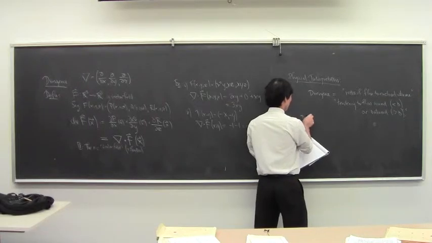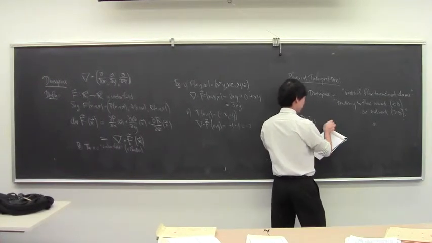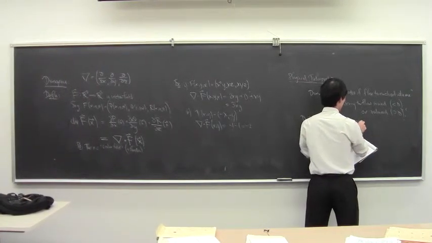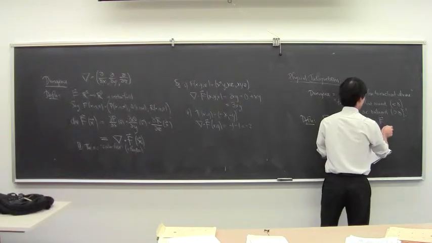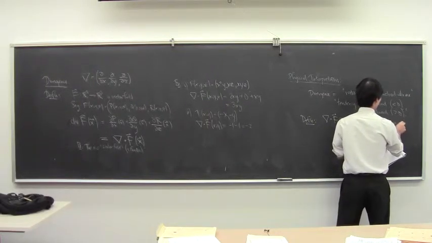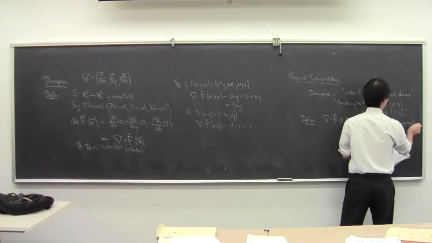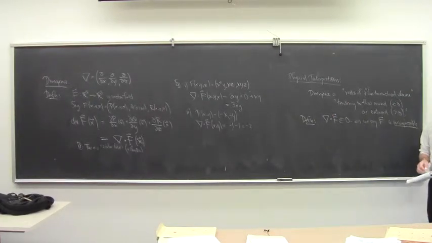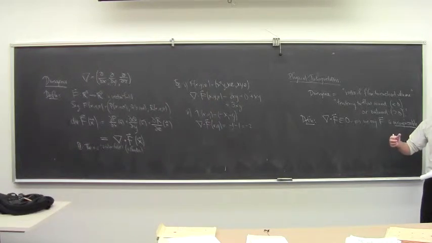Again, this interpretation leads to the following terminology. If the divergence is 0, we say the field is incompressible. You can't compress it. So, for example, it's my understanding that water is an incompressible fluid. That is, if you have something in the water and you try to push a certain amount of water into that cube, it's going to come out the other side.